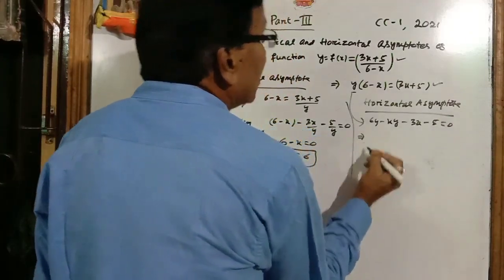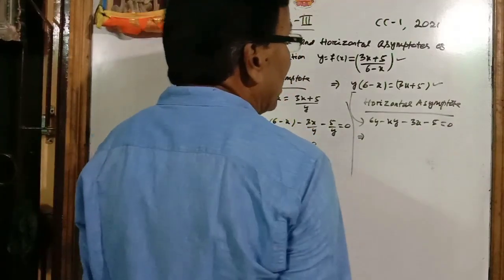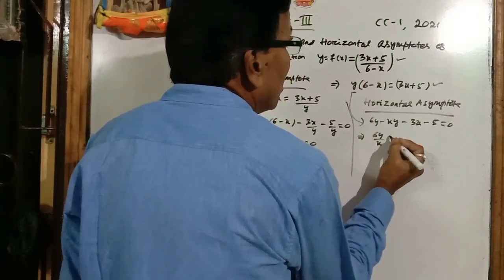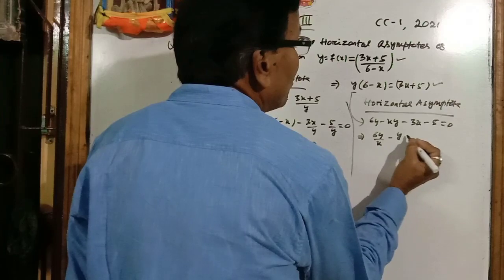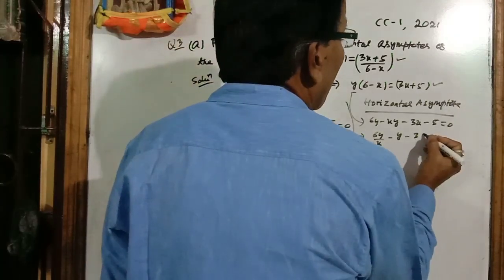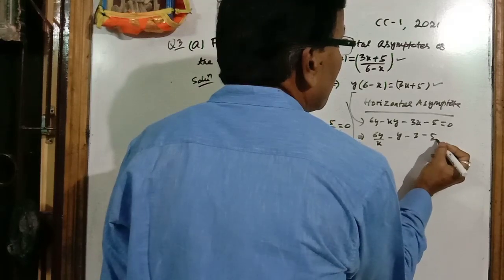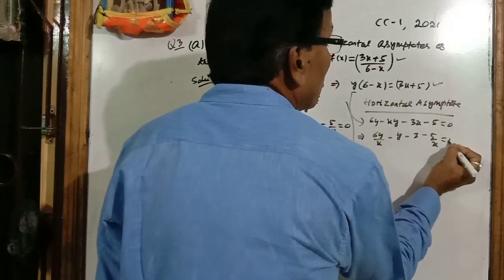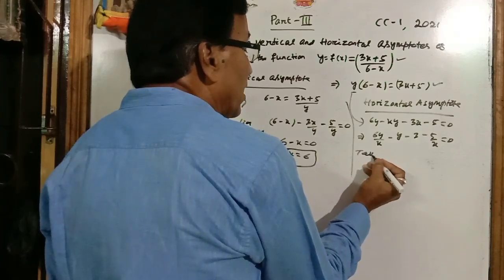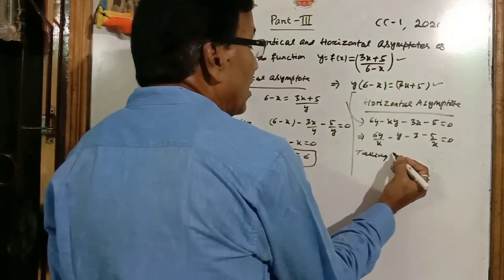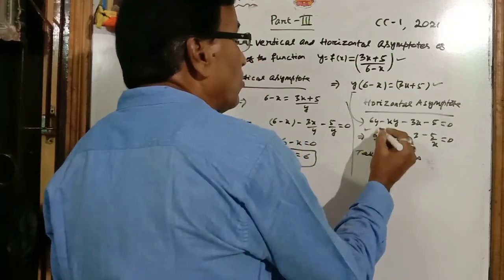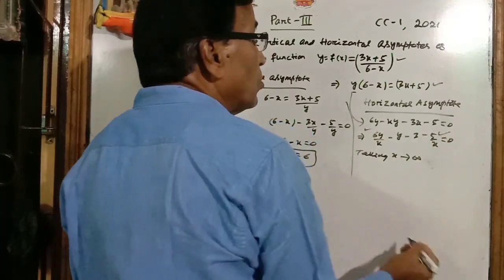Now on dividing this equation by x, we are getting 6y by x minus y minus 3 minus 5 by x is equal to 0. Now taking limit x tends to infinity, this will tend to 0, this will tend to 0.